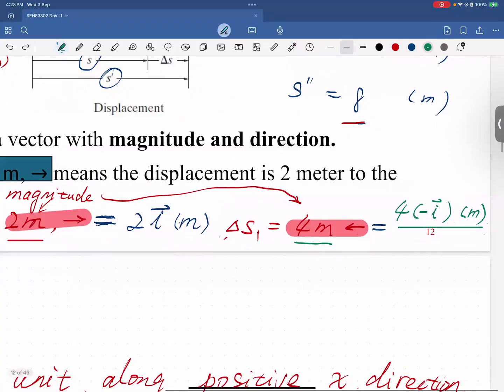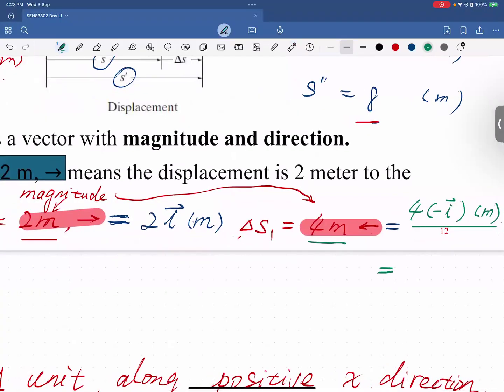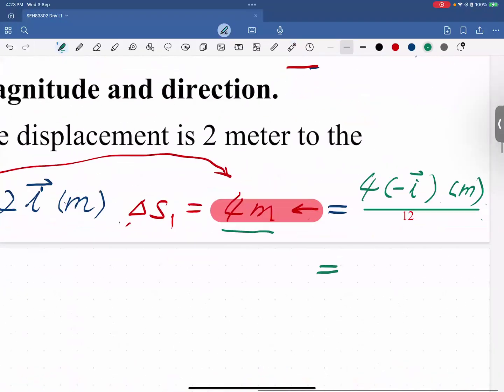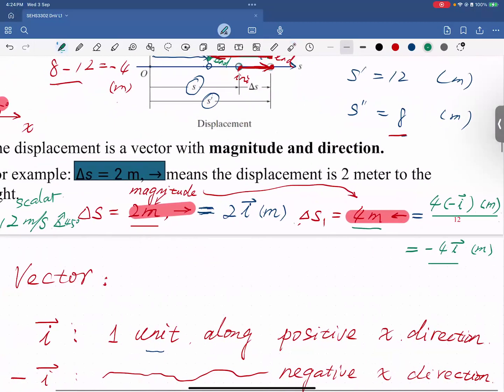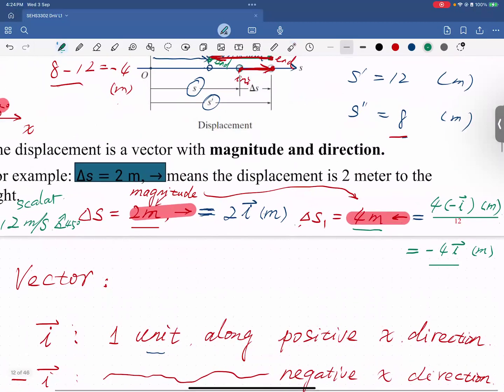Finally, it's not simple enough, right? Sometimes we do not tend to write a bracket here. Yeah, just as he said, we can put this minus sign out. It's negative 4I meter. Okay. So when you see negative 4I, it does not mean there is a negative displacement.